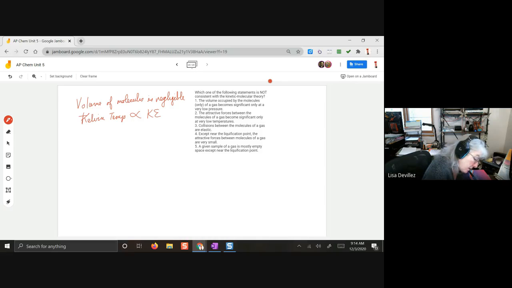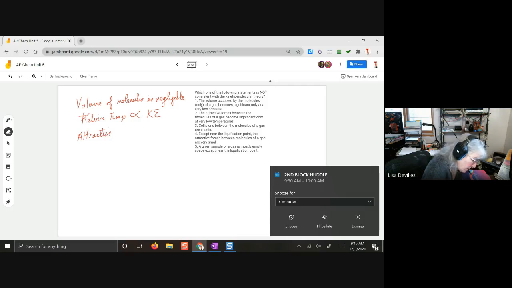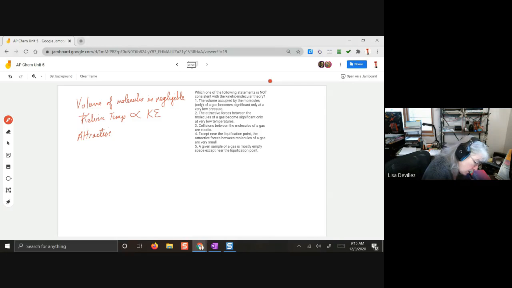It said that the attractive forces are also negligible, and that the pressure comes from the collisions with the container walls. Okay. All right, so let's look at these in terms of that, and we want to know which one is not consistent.